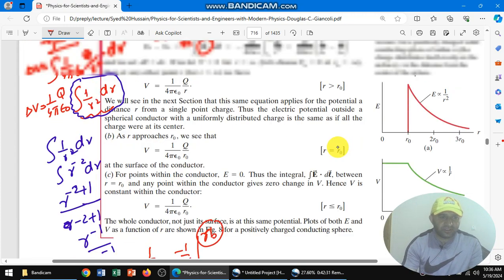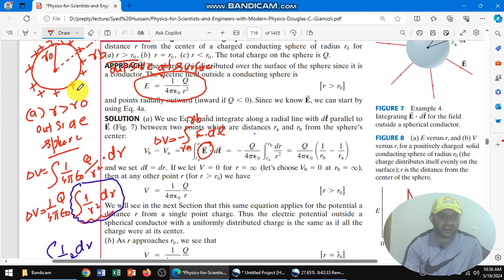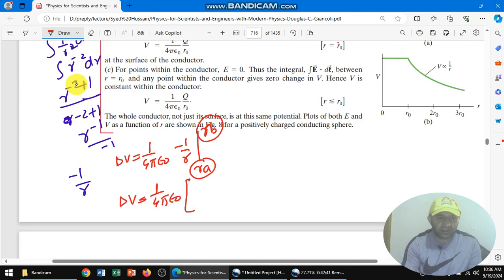As there is a negative sign in minus E dot dl, this negative and negative will cancel. So we are left with the plus sign.